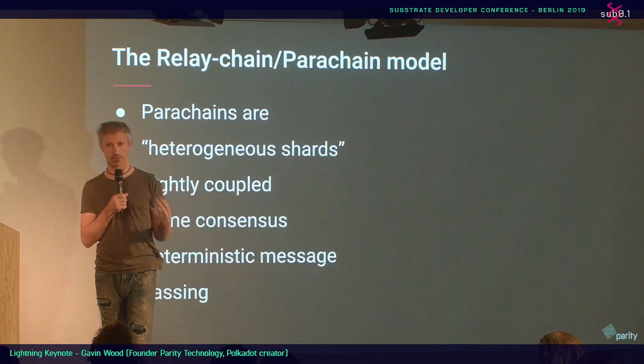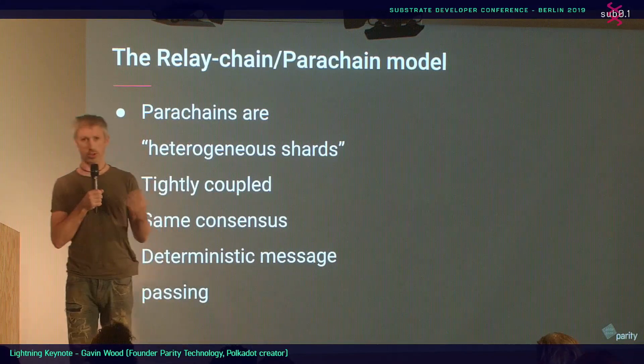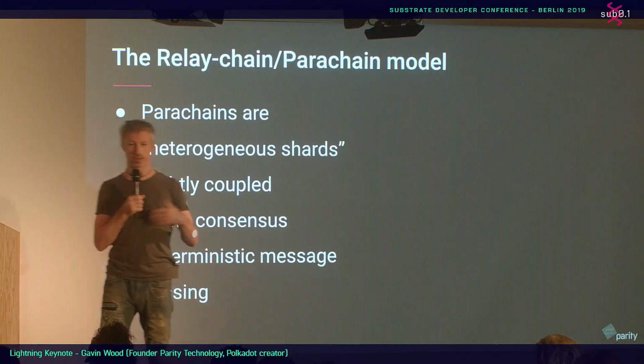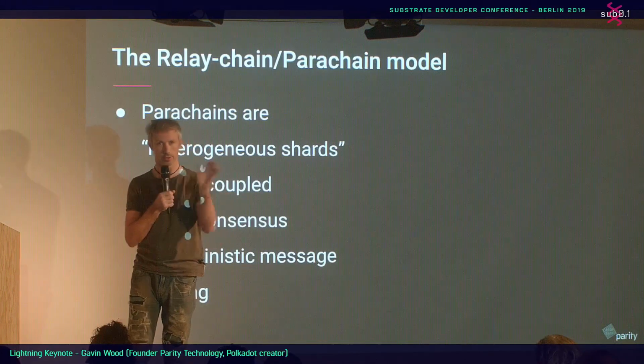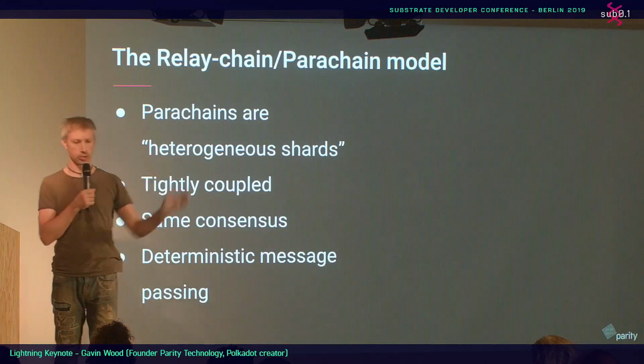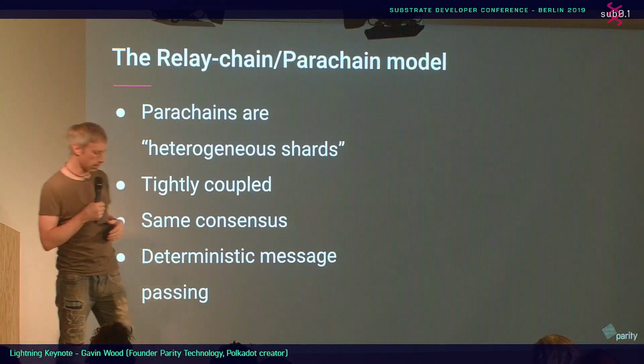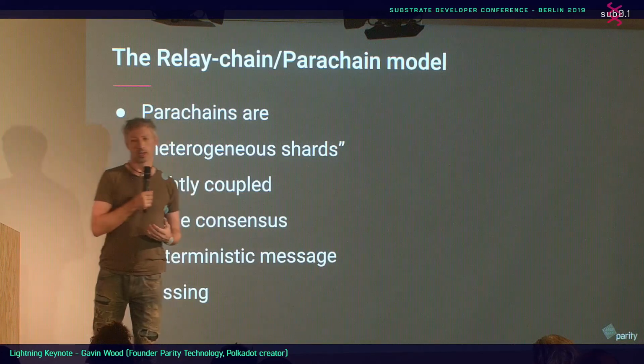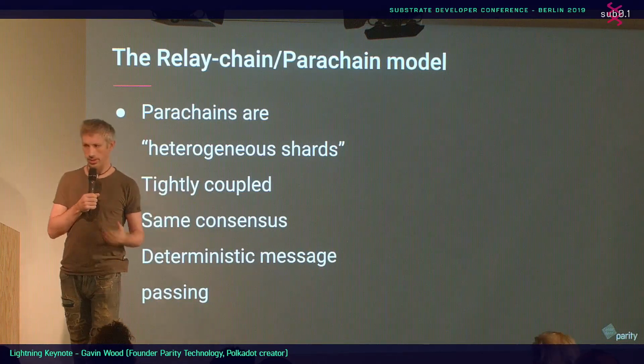That's a little different to the point of abstraction for platforms like Ethereum, where it's really the smart contract. So it's small snippets of logic that can join a very large environment and talk to each other synchronously.